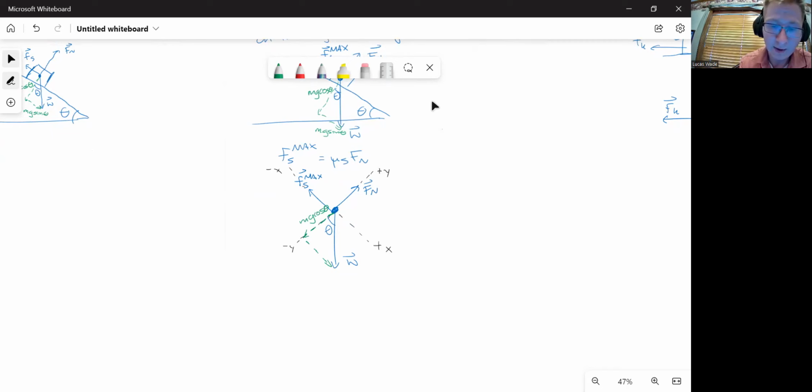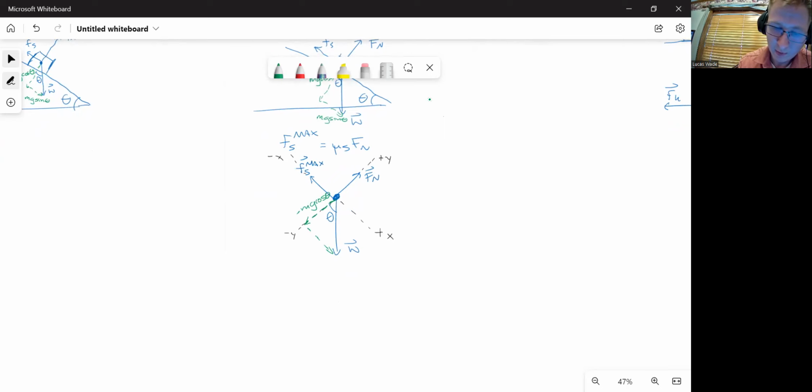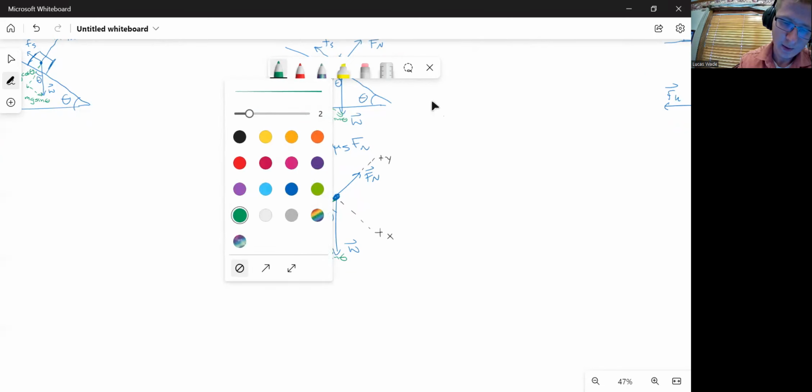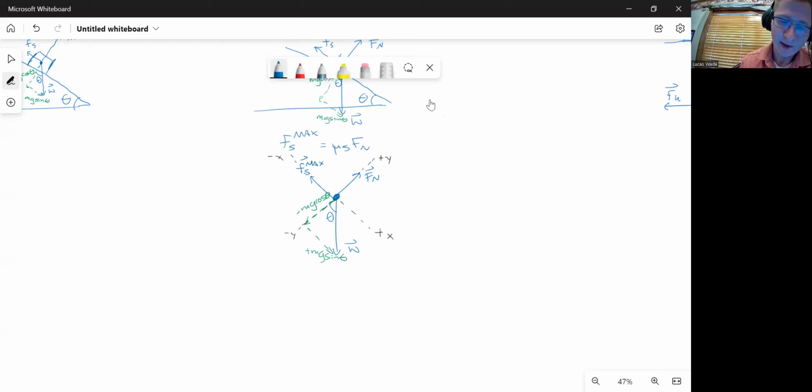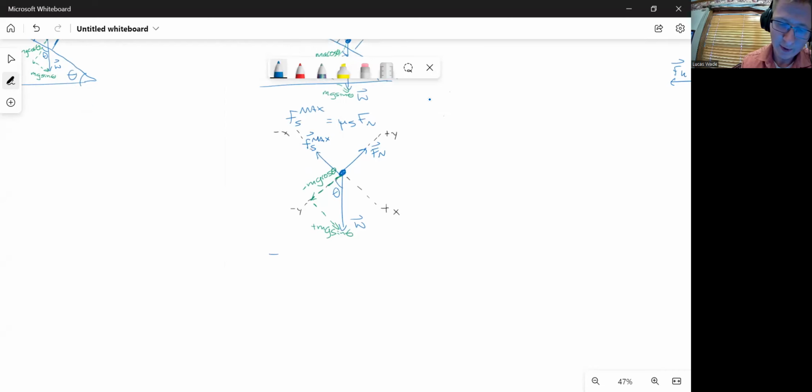Down that we've defined our direction, the component there is a negative mg cosine theta because it's acting in the negative y direction, and then this is a positive mg sine theta because it's acting down the ramp, the positive x direction. So if we want to find the magnitude of that normal force, eventually you do this step so many times that you just get used to doing it and know what the normal force is going to be.